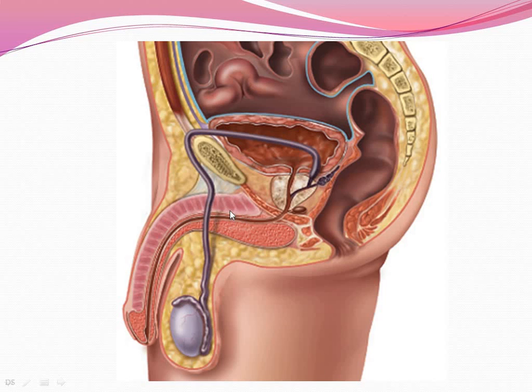So because of this, this urethra is referred to as the penile urethra because it passes through the penis, or it is also referred to as a spongy urethra because it passes through the spongy tissue. Okay, spongy means they have an internal structure like a sponge, which can be filled with blood. Whenever there is a filling of blood in this tissue, there will be enlargement of the penis, then there will be hardening or rigidity, and that is what is called an erection, right?